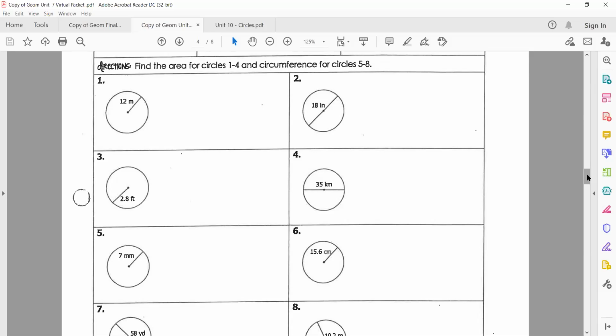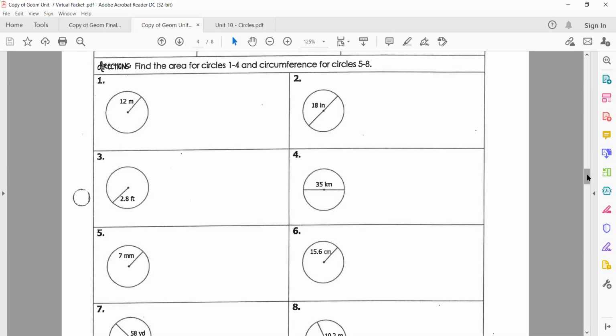So we're going to use pi times 12 times 12. The radius is 12. 12 to the second power is 12 times 12. So 144 times 3.14 is 452.16. Okay.